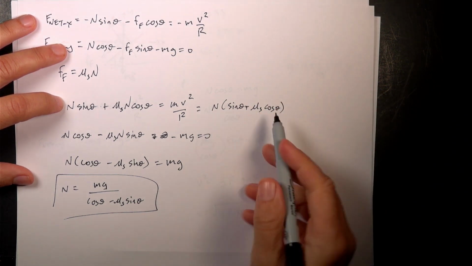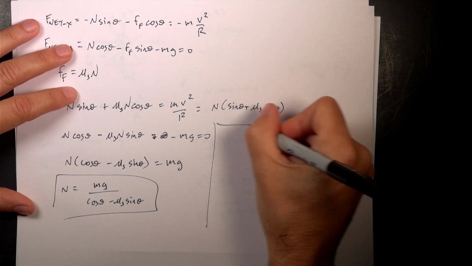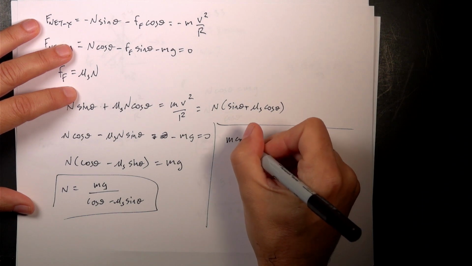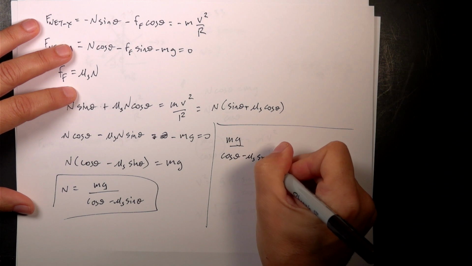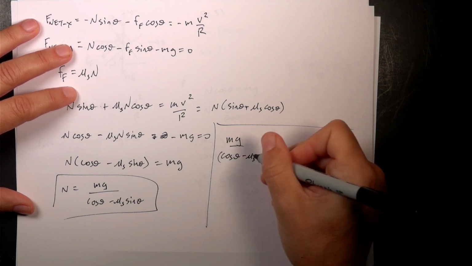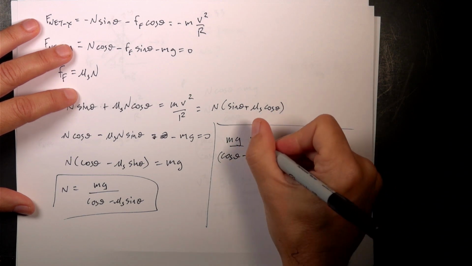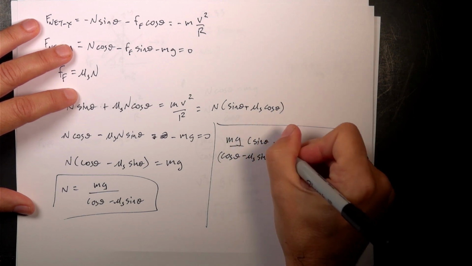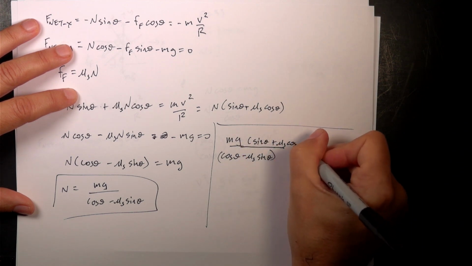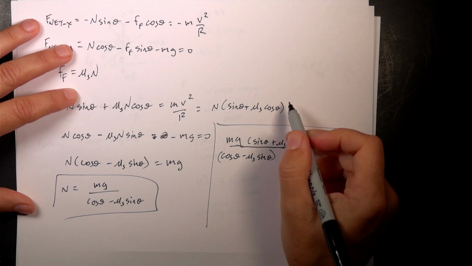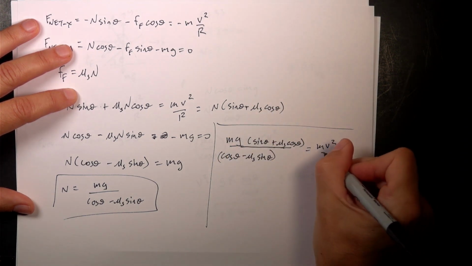So now if I substitute that in, put this in for n, I have, I'm running out of room here, mg over cosine theta minus mu s sine theta, that's n, and then I have that, sine theta plus mu s cosine theta equals m v squared over r.